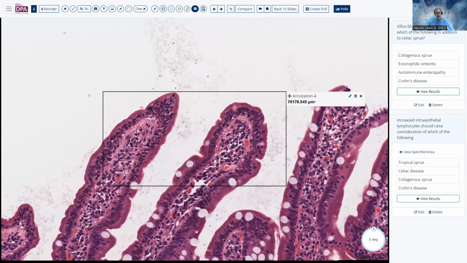Confirmatory testing, anti-gliadin antibodies, other sorts of things can be very useful and probably should be pursued in this setting to verify the diagnosis. And then, of course, you realize that you're committing a patient to a whole new lifestyle when they have to give up gluten. So you want to make sure that you've nailed that diagnosis down firmly.